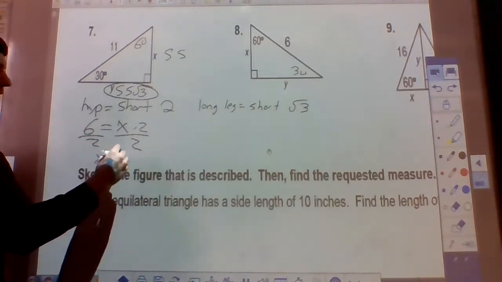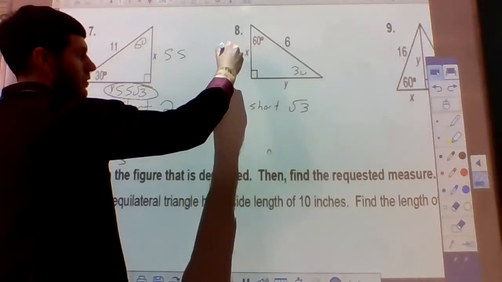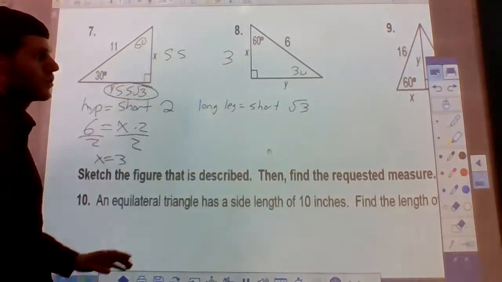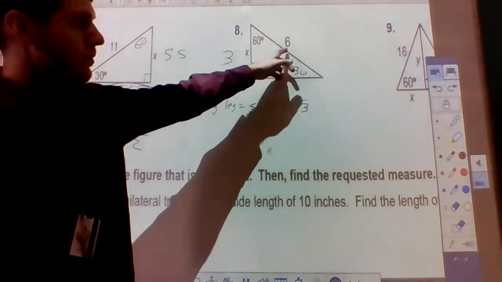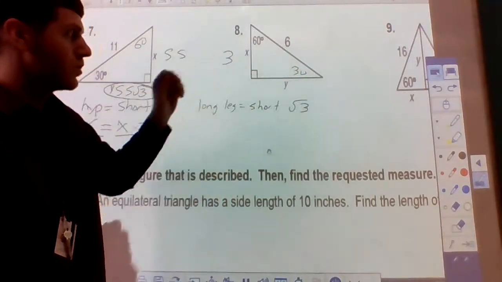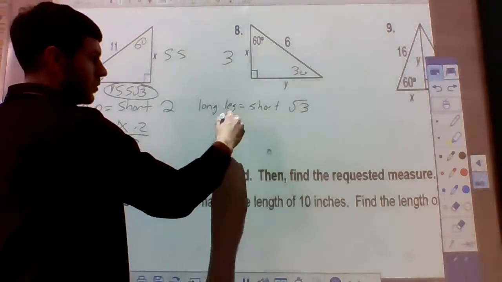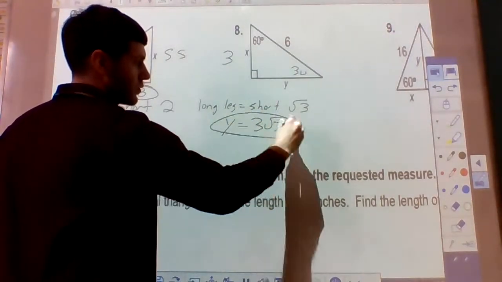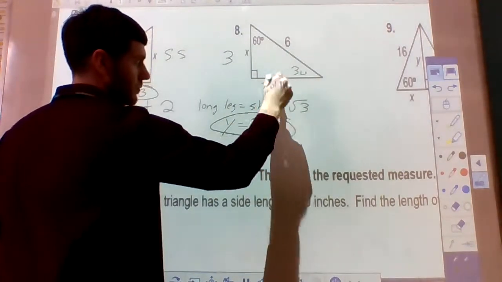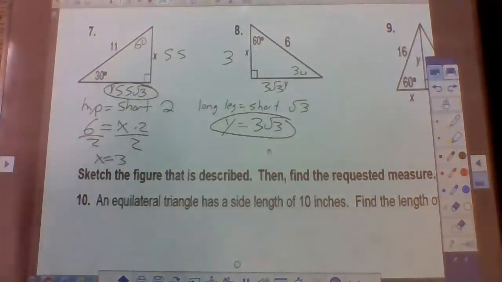X equals 3. Again, the short leg is half the hypotenuse. The hypotenuse is twice the short leg. The long leg is y. So that's our short leg times the square root of 3. So 3 square root of 3.